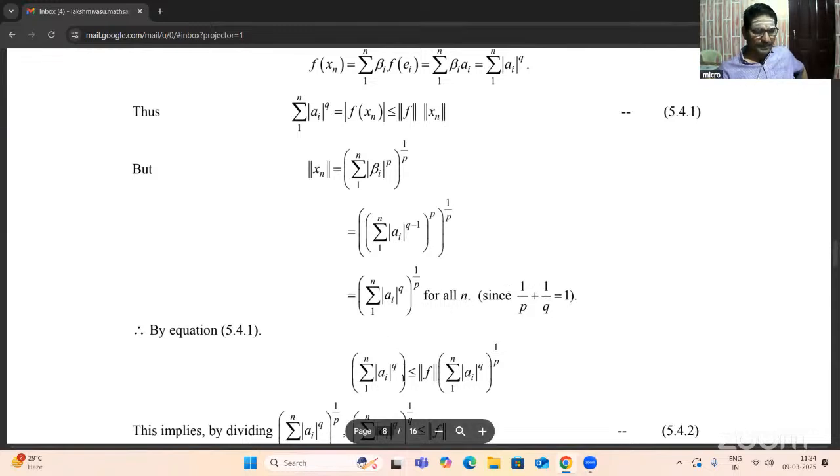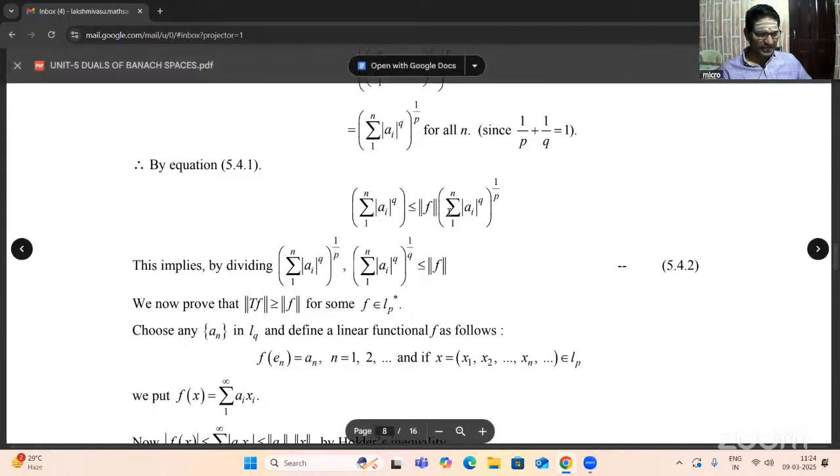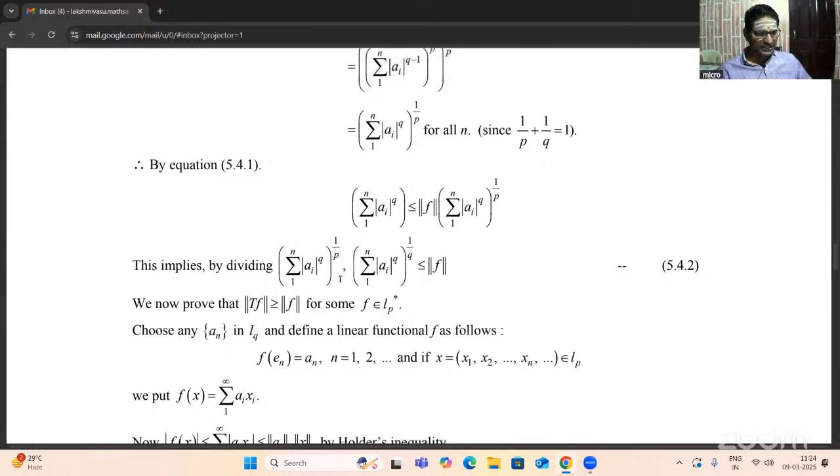So from the inequality, from the first theorem, Σ |aᵢ|^q is less than or equal to norm f times (Σ |aᵢ|^q)^(1/p), because this value cannot exceed that. Dividing this part, we get that value less than or equal to norm f.